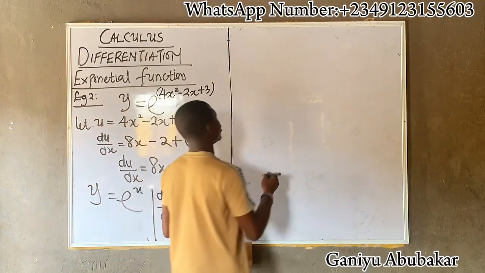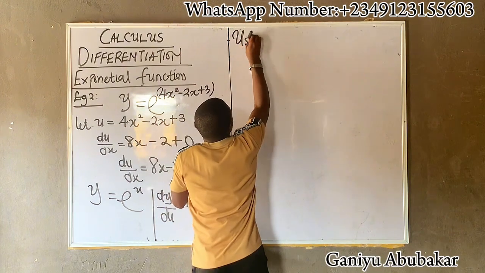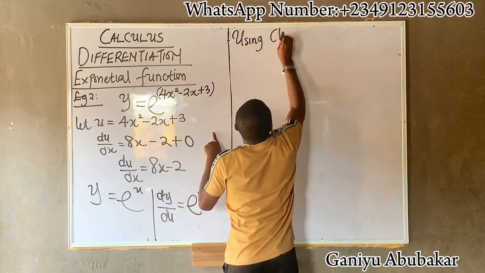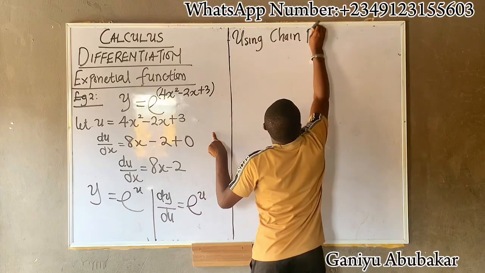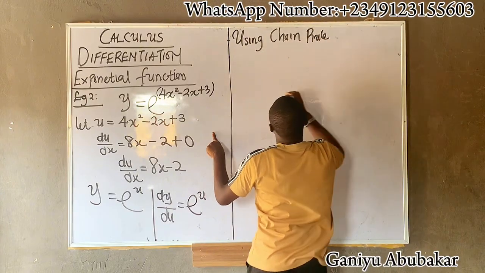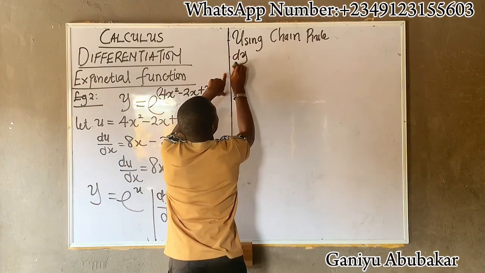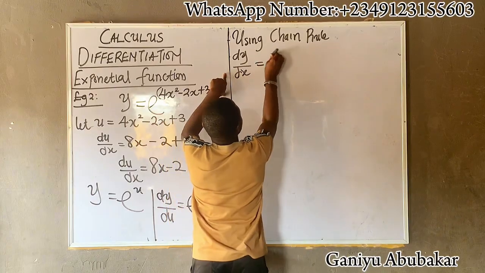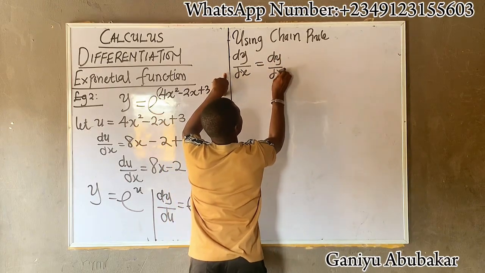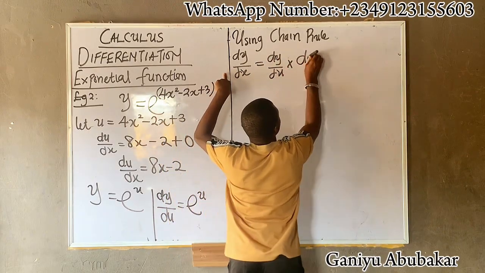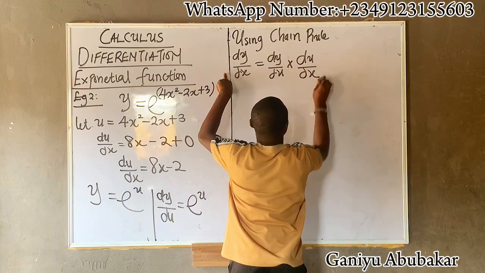So dy over dx is dy over du times du over dx.